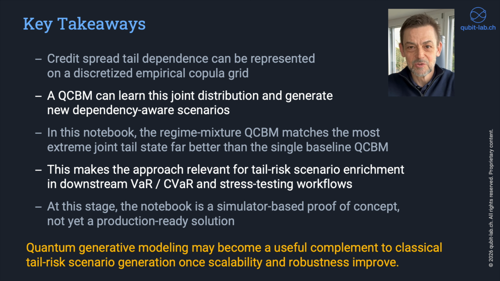That makes the approach relevant for tail risk scenario enrichment in downstream VaR, CVaR, and stress testing workflows. At the same time, this remains a simulator-based proof of concept, not yet a production-ready solution. So the broader message is this: quantum generative modeling may become a useful complement to classical tail risk scenario generation once scalability and robustness improve.